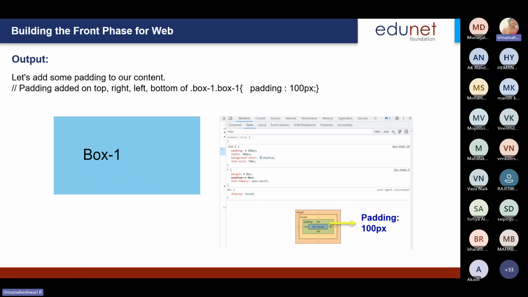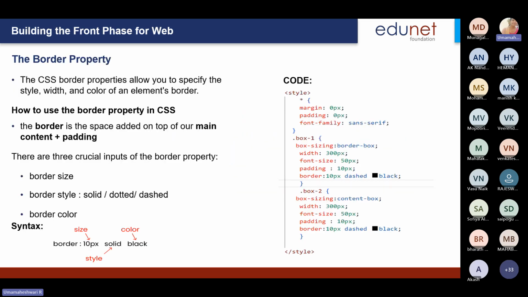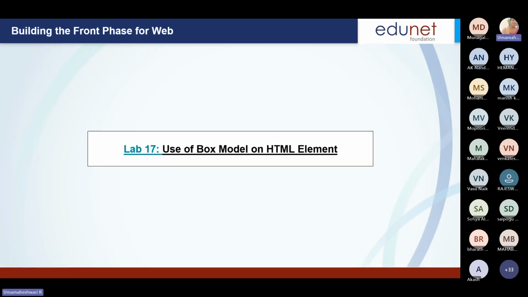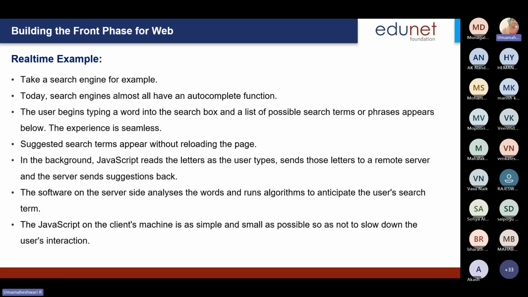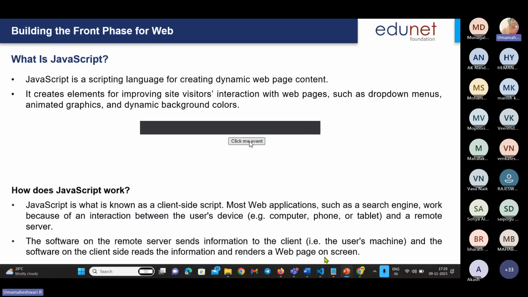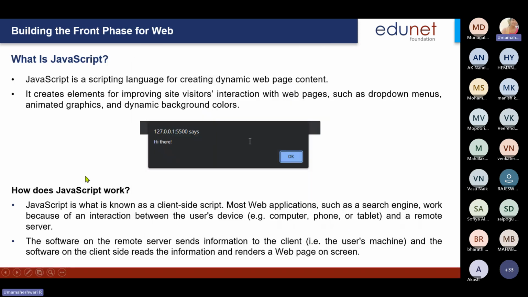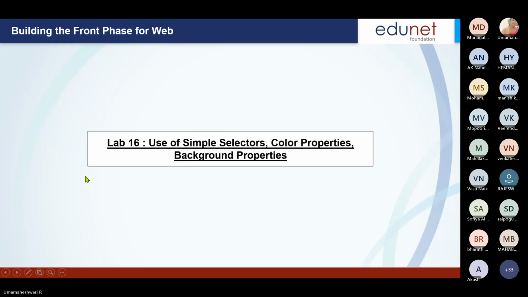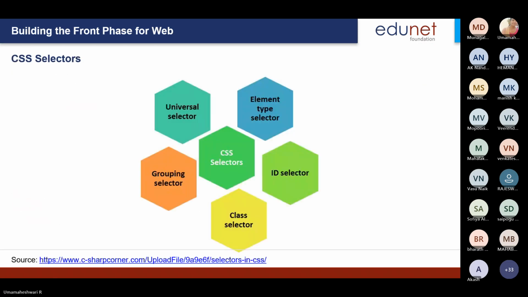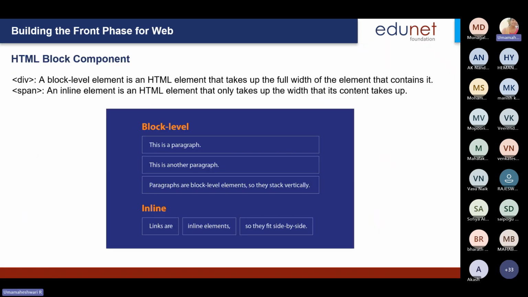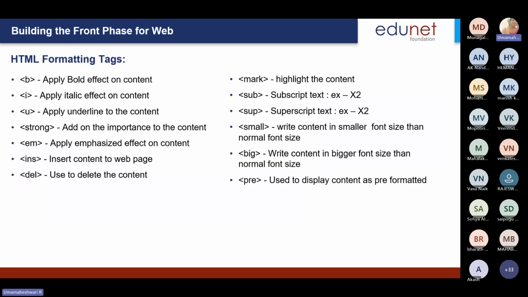And this is a padding of 100 pixels, and border properties, the same thing. The border means a space added on the top of your main content plus padding. So these are the same thing. So I think these are the topics which is here. So let's create one, I think 1 minute. You don't have any text properties.